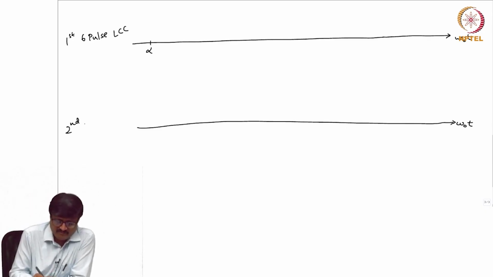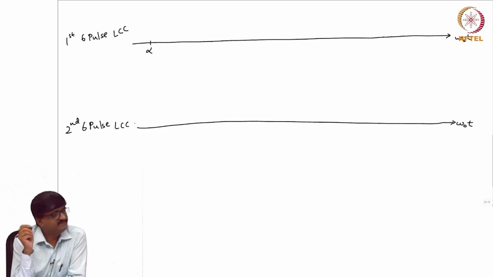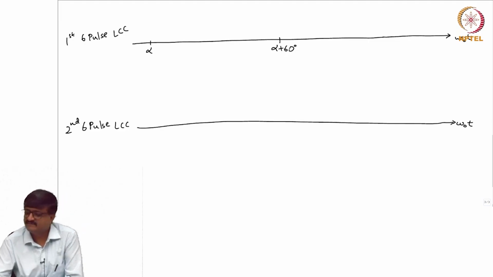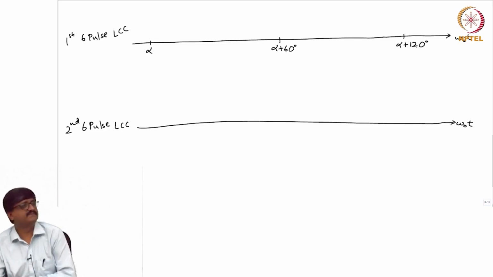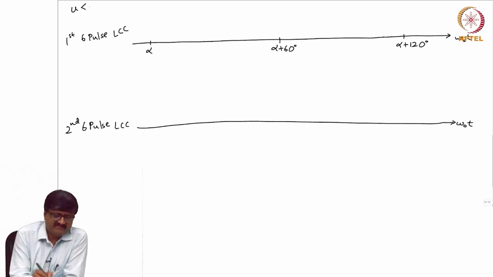I also show what are the valves that conduct in the second 6 pulse LCC also. Suppose this is alpha plus 60 degrees, alpha plus 120 degrees. Now, let us take the case u less than 30 degrees.